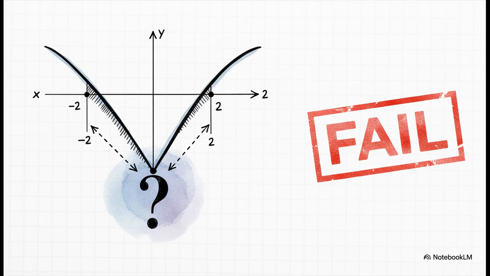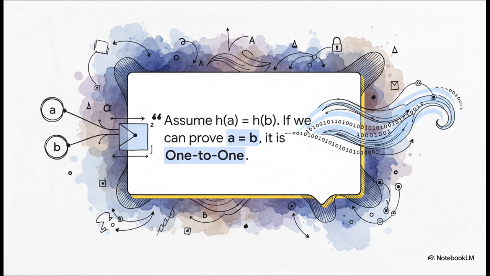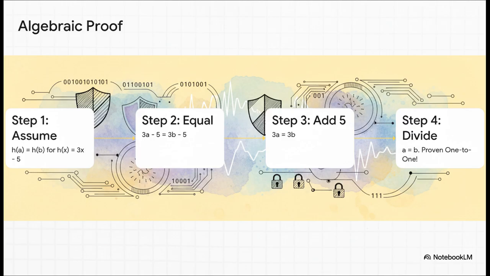It fails the test. Okay, so the visual test is awesome and super handy, but sometimes you need something a bit more rigorous. For that, we turn to algebra. The logic goes like this. You start by assuming that two different inputs, let's call them a and b, give you the exact same output. If you can use algebra to prove that a and b had to be the same number all along, then you've proven the function is one-to-one. So let's walk through this step by step.